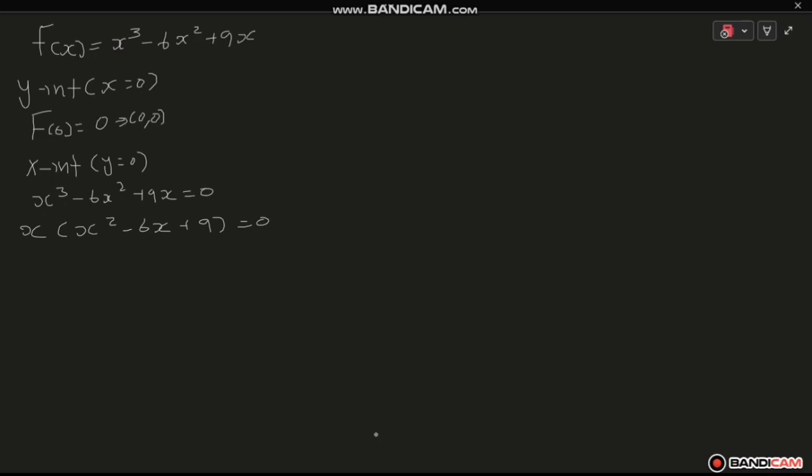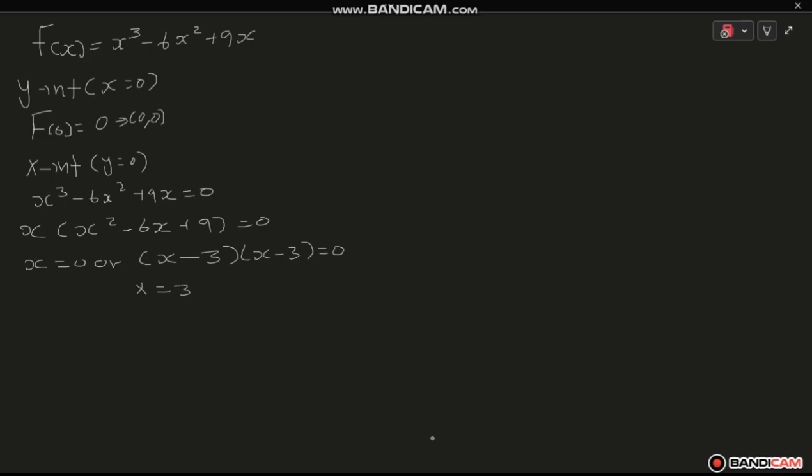Then x equals 0, or you simplify that using the brackets, so it must be (x minus 3), not (x plus 3). (x minus 3)(x minus 3) equals 0.